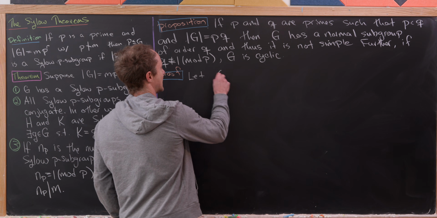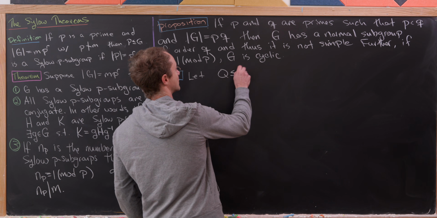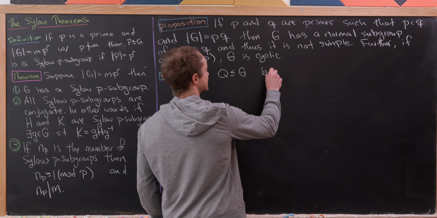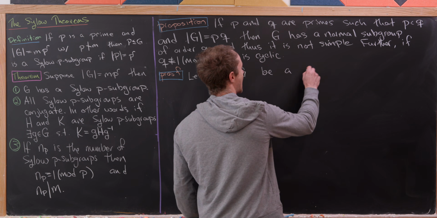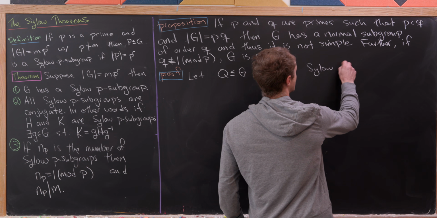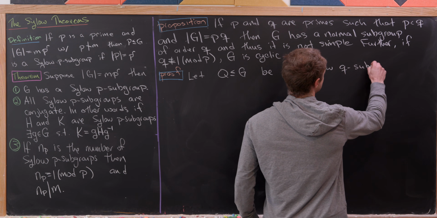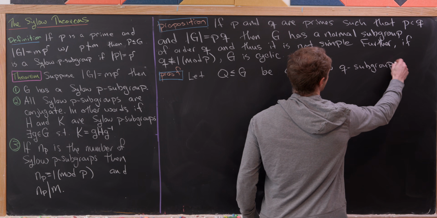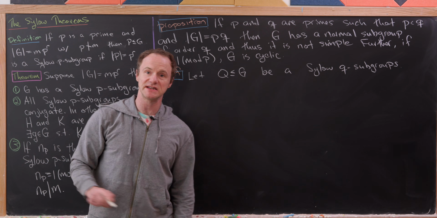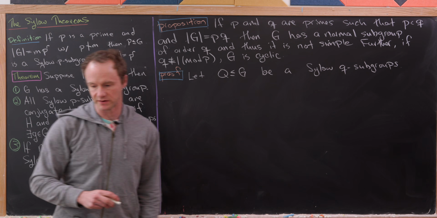Let capital Q be a subgroup of G, and it's not any subgroup. It is a Sylow q-subgroup. So it's one of those subgroups of order q, which we're guaranteed to have by the first Sylow theorem.